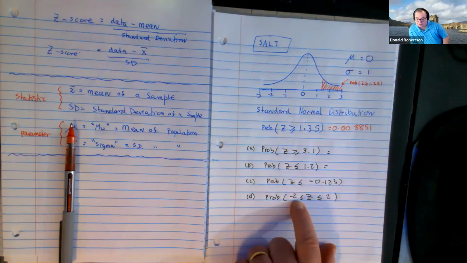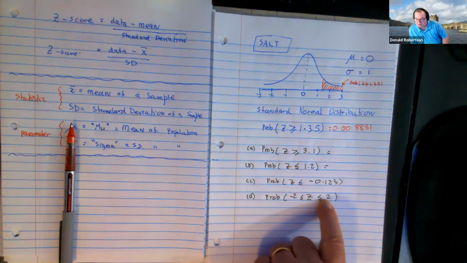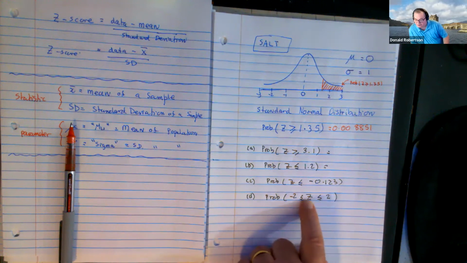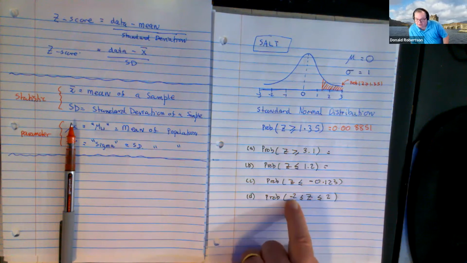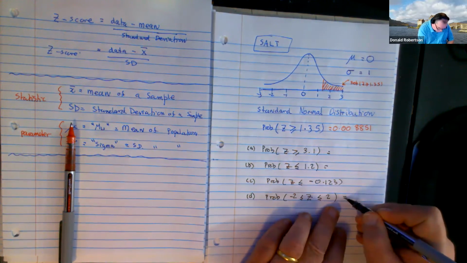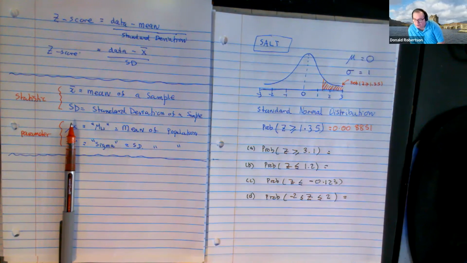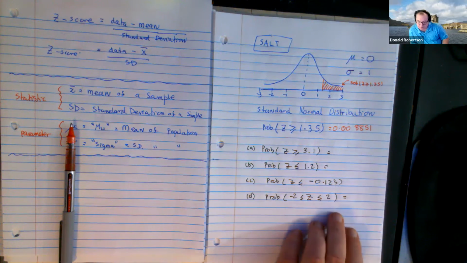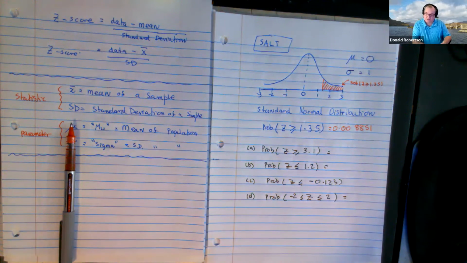Isn't that 2 standard deviations away from the mean? Right, this one here. What is that number? We already know it from the empirical rule. What percentage of the data is 2 standard deviations away from the mean, approximately? 1 is 68.